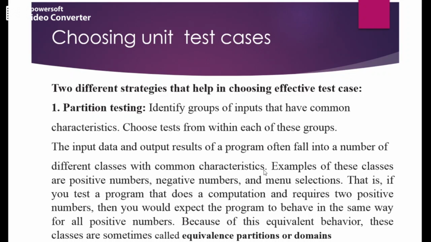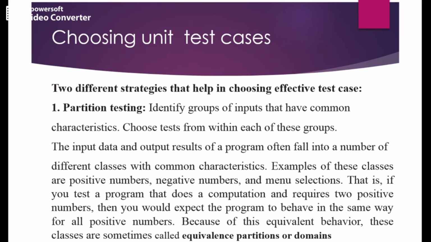Correct? For example, when you consider numbers, we have one class of positive numbers, another of negative numbers, then zero. If you test a program that does a computation and requires two positive numbers, what will be the output? Positive. So you have to take different groups there.